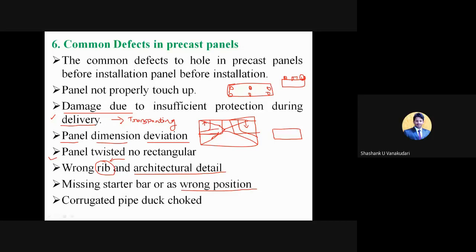Okay, so here, the corrugated pipe duct is going to be choked. Especially this occurs in steel structures. Wherever they provide certain openings in the steel members, if it is exposed to the environment before placing it at the required location, corrosion may take place.